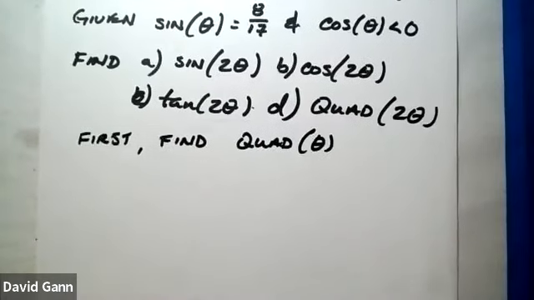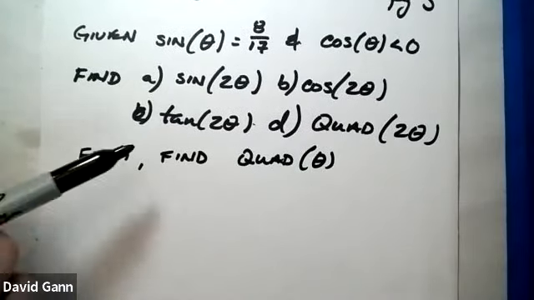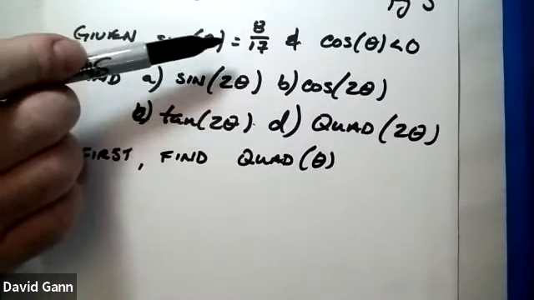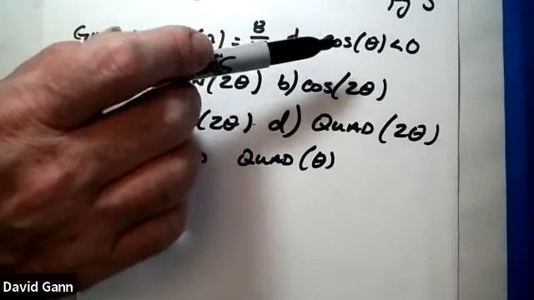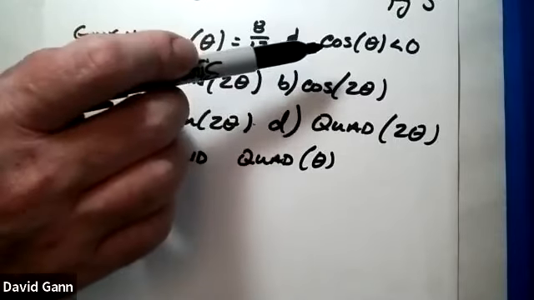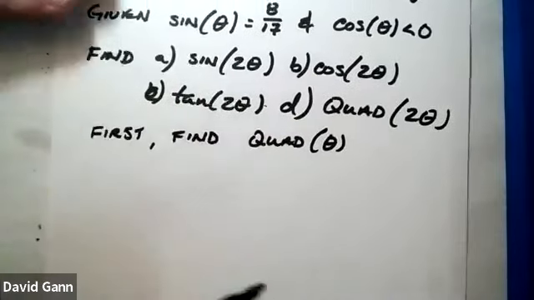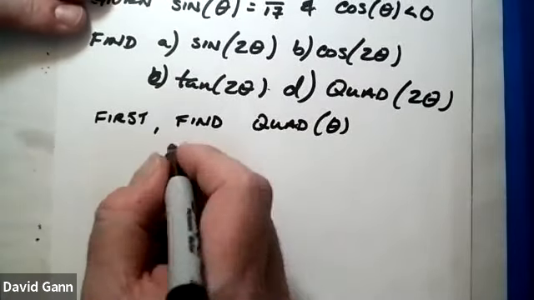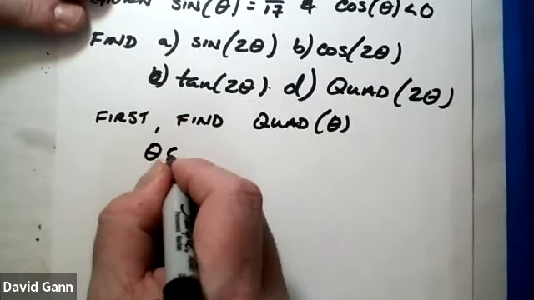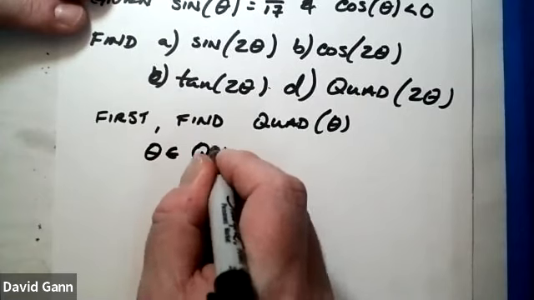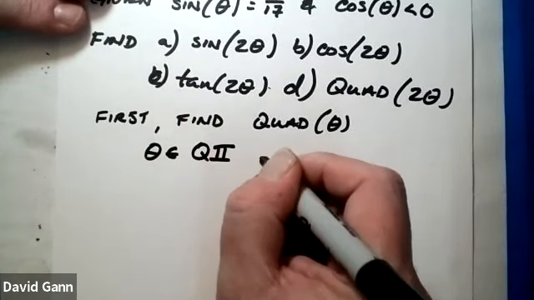Now we've done this enough that I don't need to get real crazy with this, but sine is positive in quadrants 1 and 2, and cosine is negative in quadrants 2 and 3. So where those overlap is quadrant 2. So this tells us theta is in Q2.